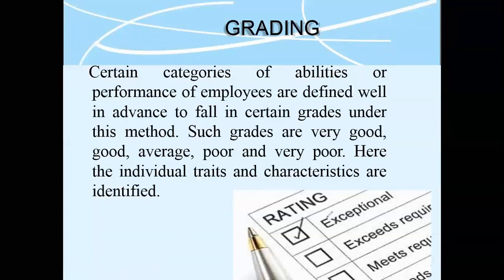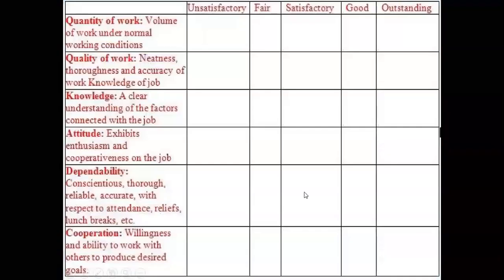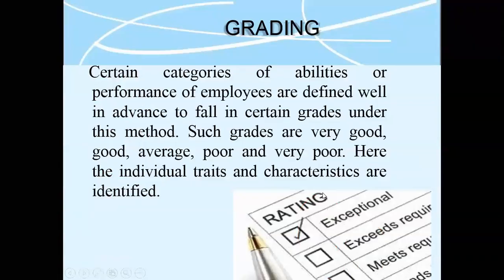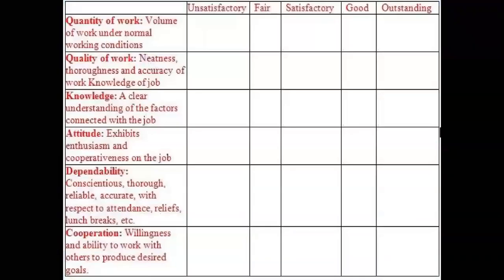Here on your screen, certain examples are given. They have options like exceptional, exceeds requirement, meets requirement. So we can make many grading scales according to the requirement of the company, and that is the major thing we have to understand at this point. It's a kind of grading that defines a particular characteristic of an individual, like unsatisfactory, fair, satisfactory.